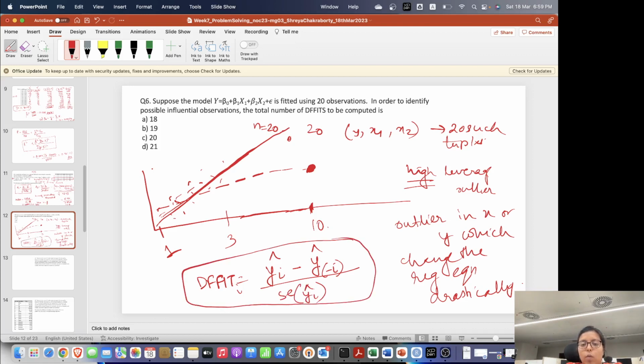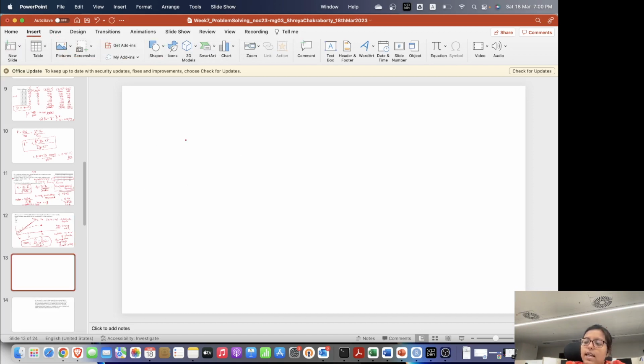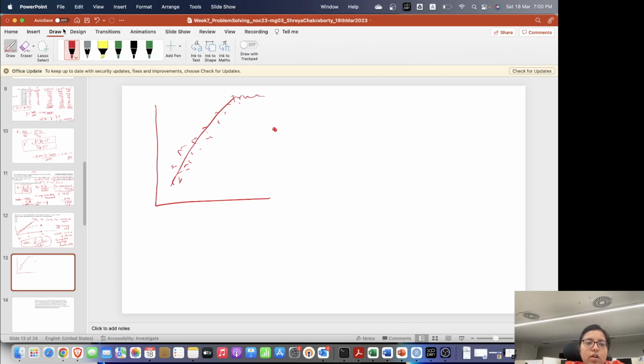Okay, where yi hat is that we will fit another regression excluding the line i. So, what I mean to say is that, let's say I have this scenario where this is my regression line with all points. This is the true one, but in the presence of this point I have this line a little deflated, or let's say this one.